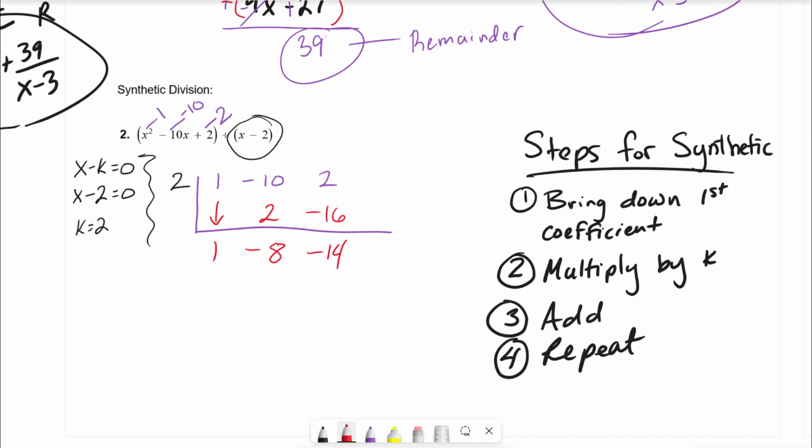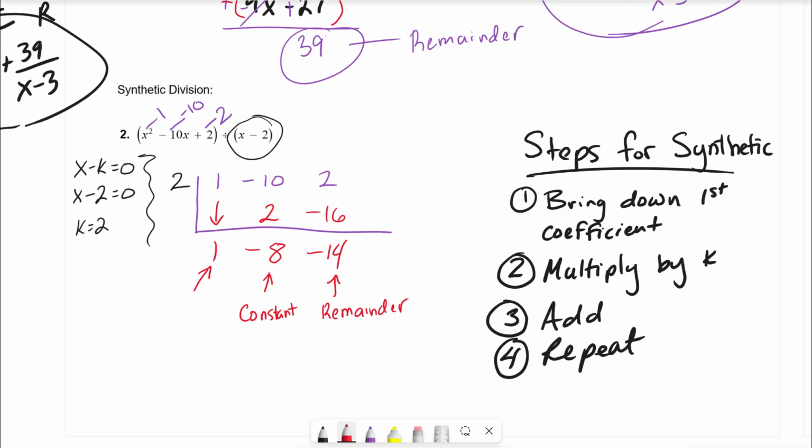So what we want to recognize here is that this number is going to represent the remainder. The next number is going to be the constant. And then the next number after that is going to be the coefficient of every subsequent x term: x to the first, x to the second, x to the third power, and so on.